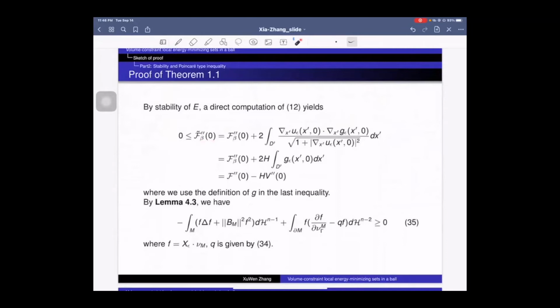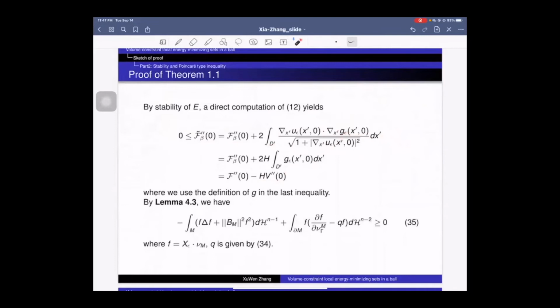And we have their relation. We take the second derivative to see this parameter hold. And for this integral, we can use the divergence theorem to give the mean curvature, and the boundary term vanishes because G epsilon is 0 at the boundary. And by the definition of G epsilon, this is indeed this term.